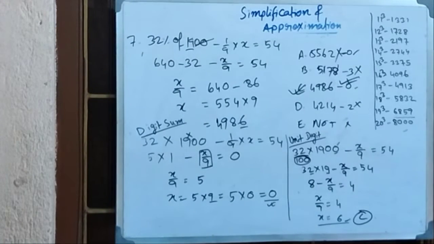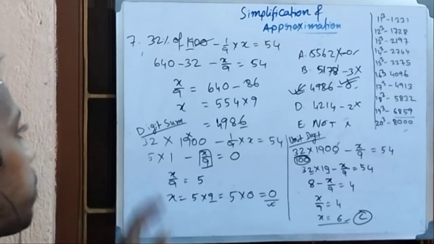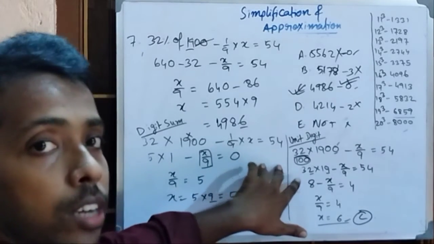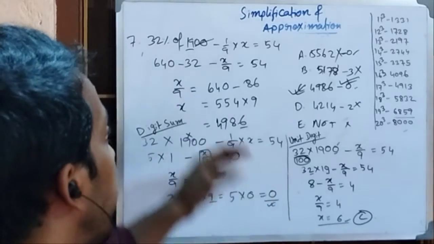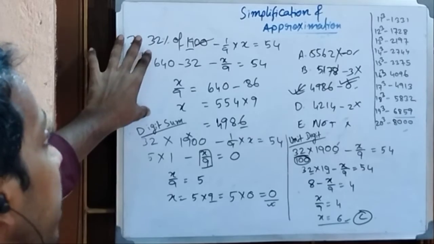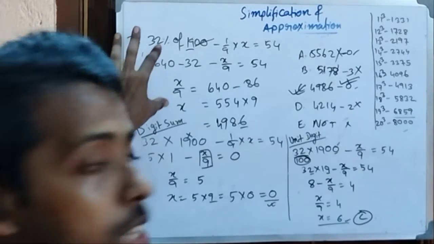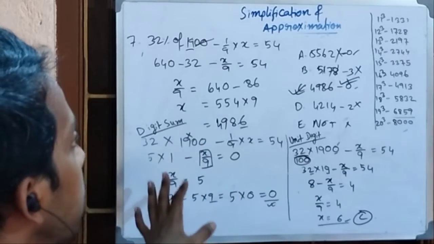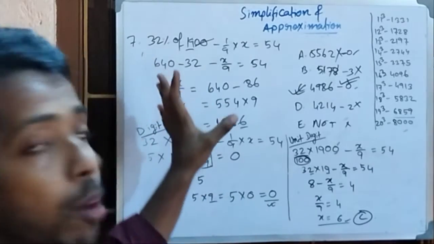So, it is better to solve these questions by digit sum and unit digit together, which can give the result very easily. Rather than solving this question, though I can say that this is not that much calculation, so you can also use the basic method here. Otherwise, in some questions there is some large number given.